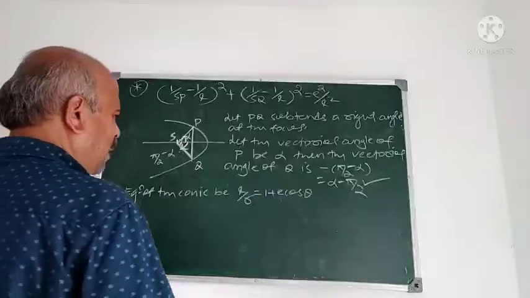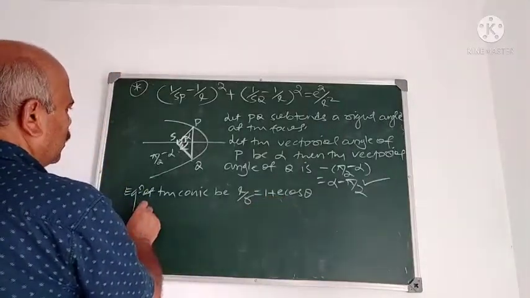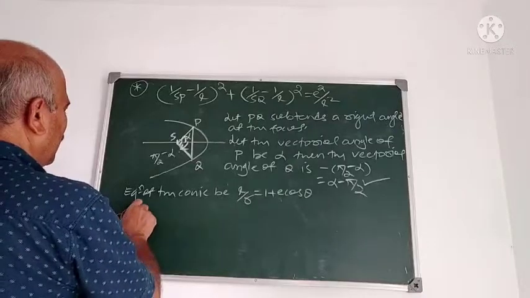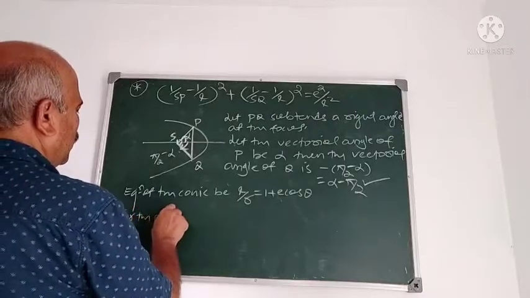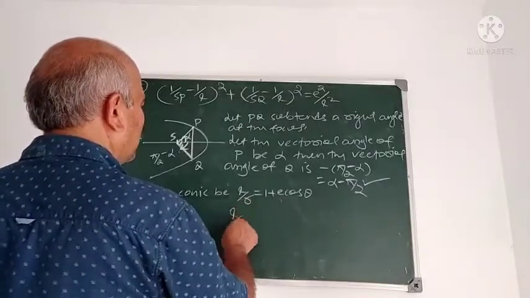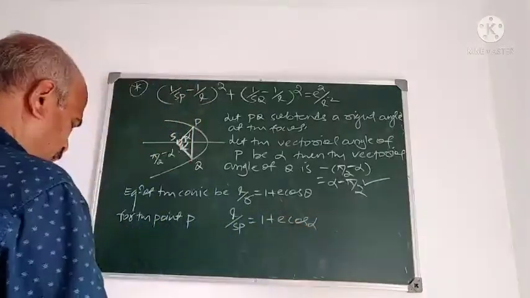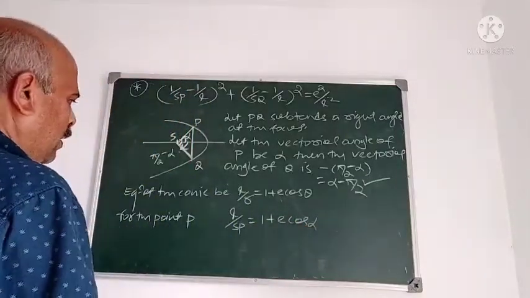Now consider the equation of the conic: L by R is 1 plus E cos theta. Therefore, for the point P, what is SP? L by SP is 1 plus E cos alpha.